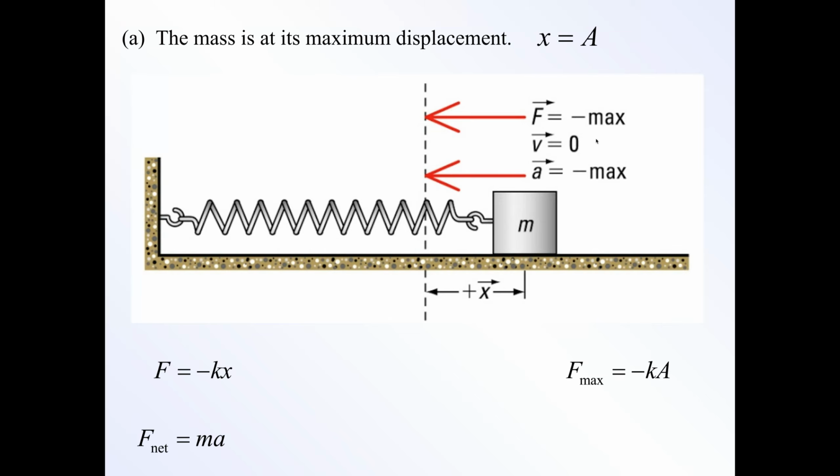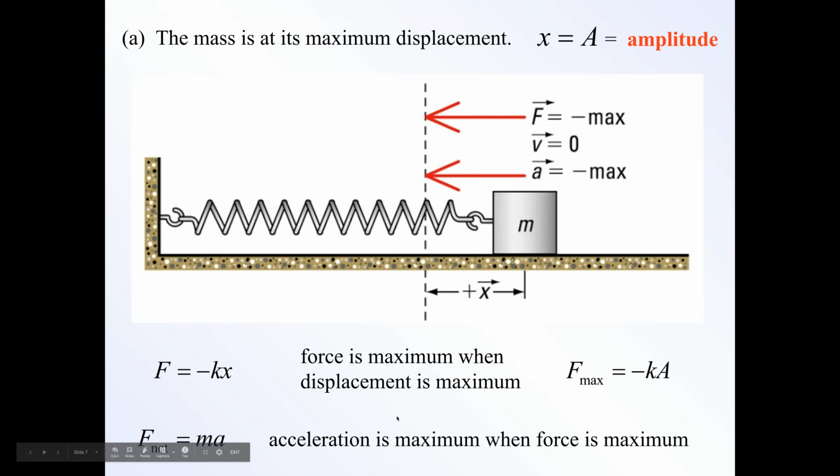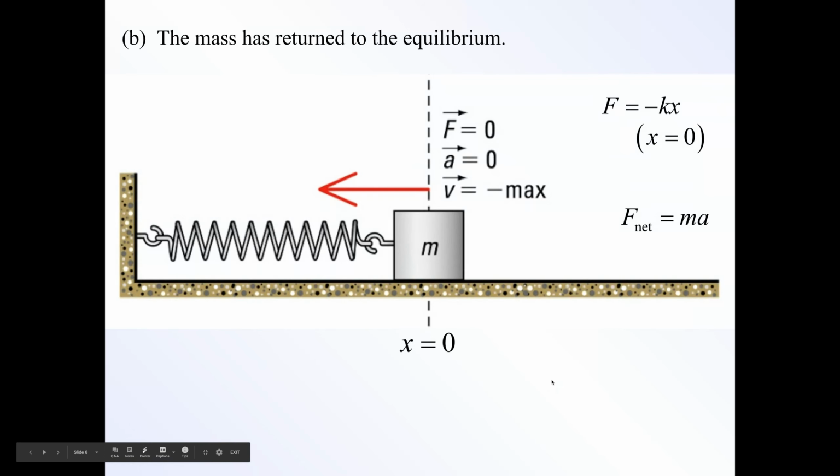It's not moving at that state, but its acceleration that wants to go back is going to be at its max. So the force is at its maximum when its displacement is maximum, and acceleration is maximum when the force is maximum.